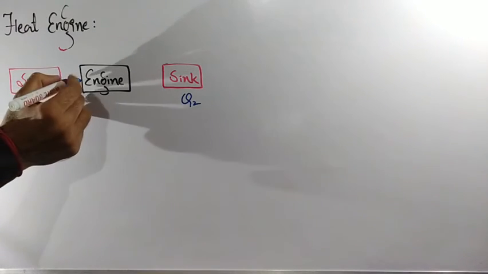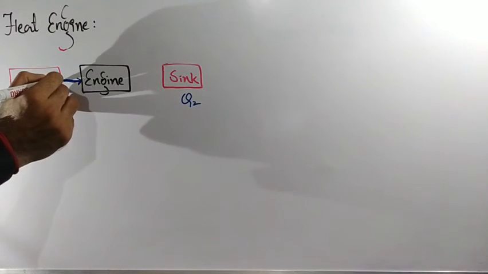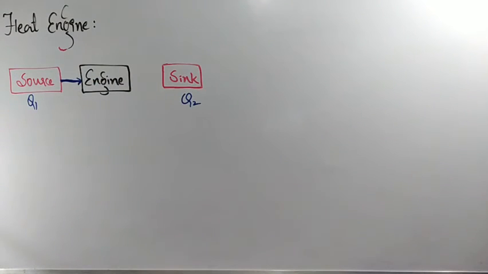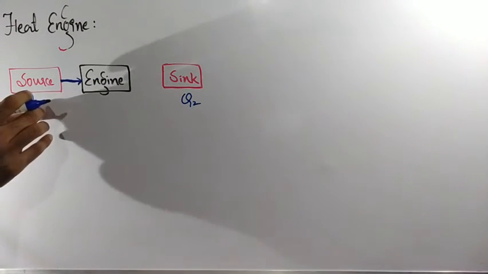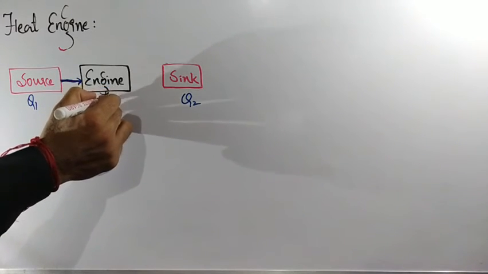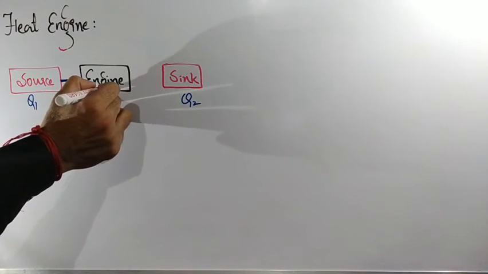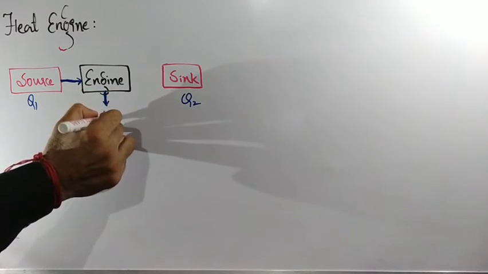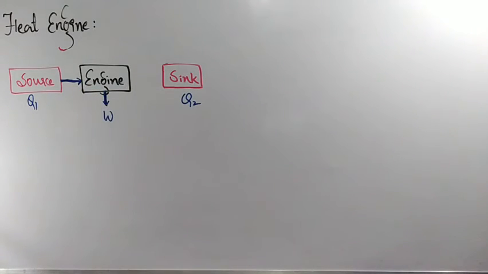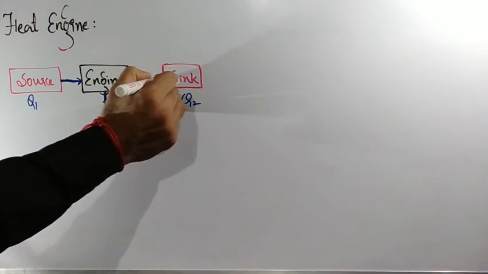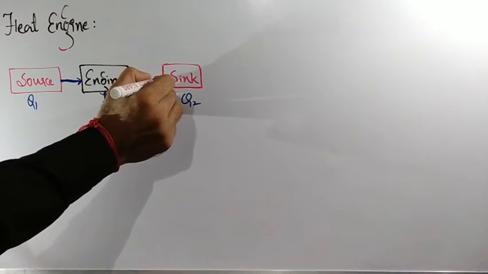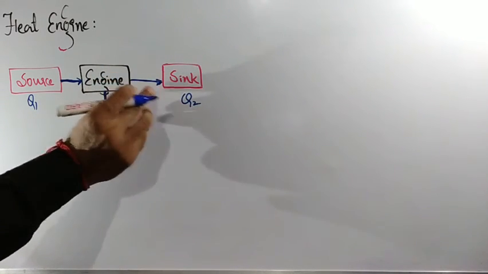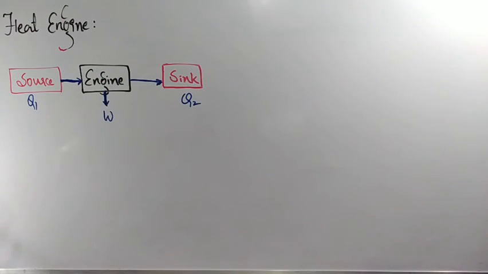This engine will absorb some amount of heat from the source, and after absorbing it, it is going to do some work. That work I am going to call W. If any extra heat is left out, that heat will be sent to the sink. That means we absorb Q1 from here and send Q2 there. That is the main agenda.